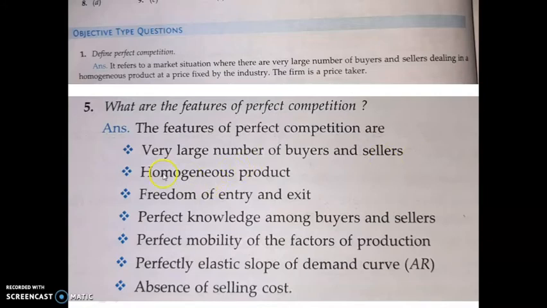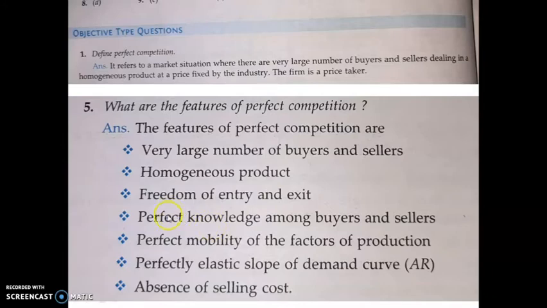They sell a homogeneous product, that is the same product, with no difference between products, the same in size, color, taste, smell, etc. Then, freedom of entry and exit. At any time, the seller and buyer can enter into the market or exit from the market.